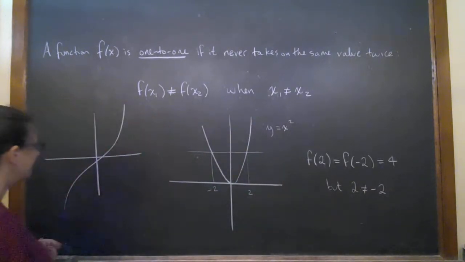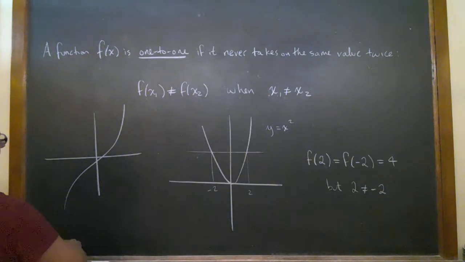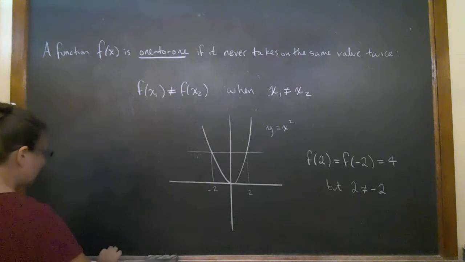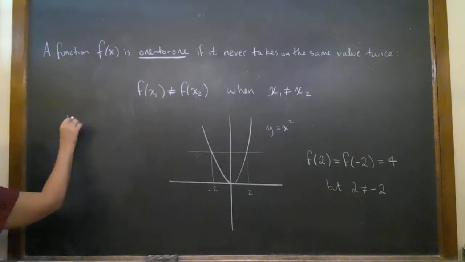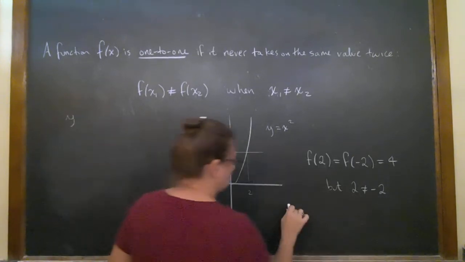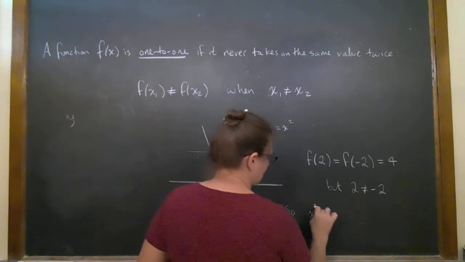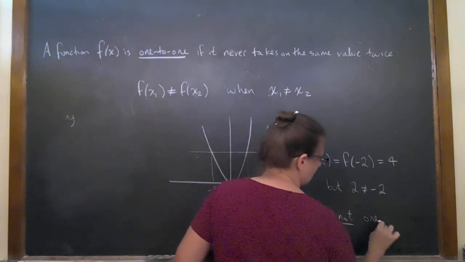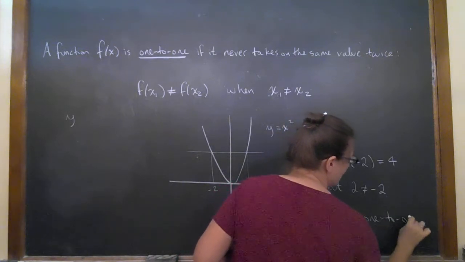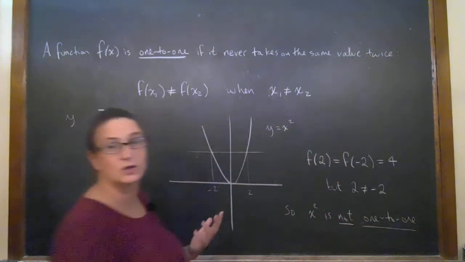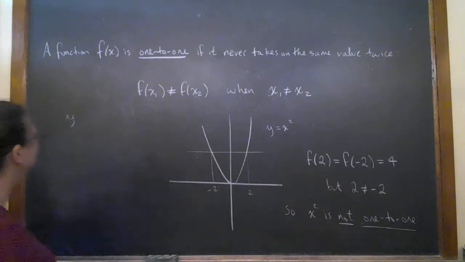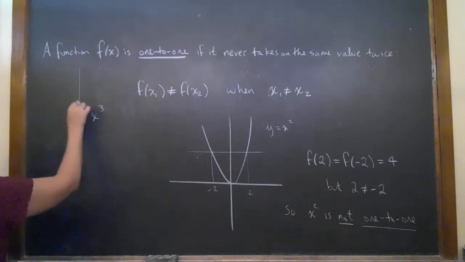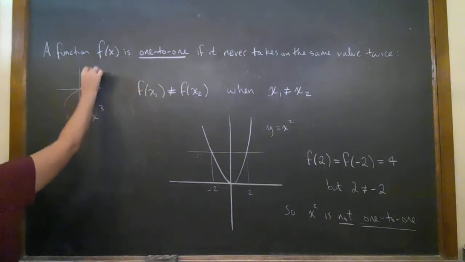Okay? If I look at something, let me be a little bit more specific then. Let's take y equals x cubed. So x squared is not one-to-one. It's always good to have an actual conclusion written on the board, right? Let's do y equals x cubed. Let's put it up there.